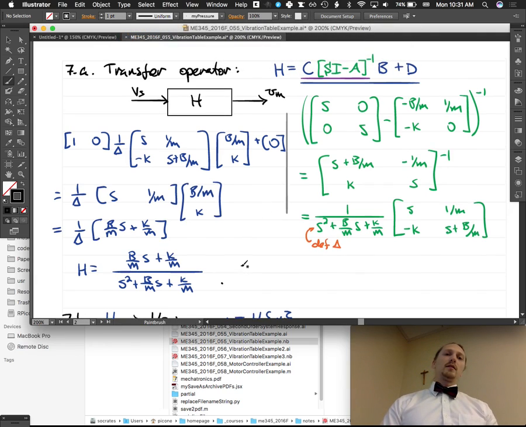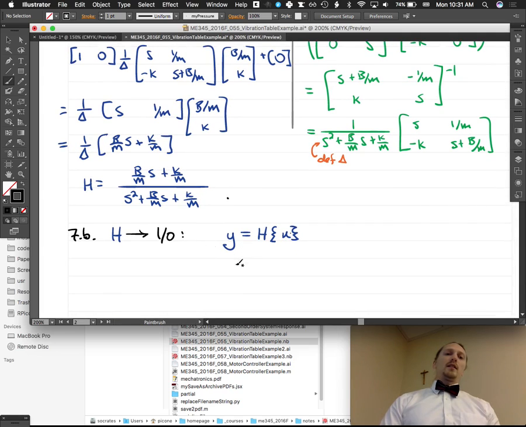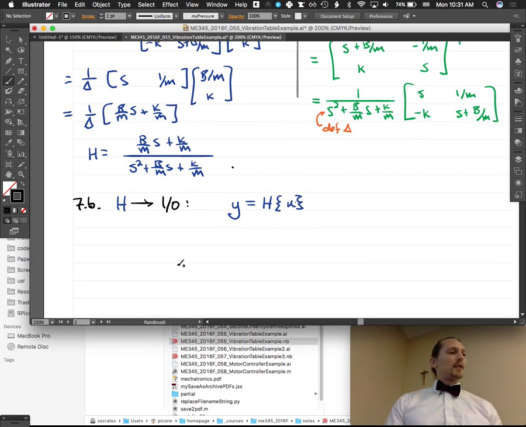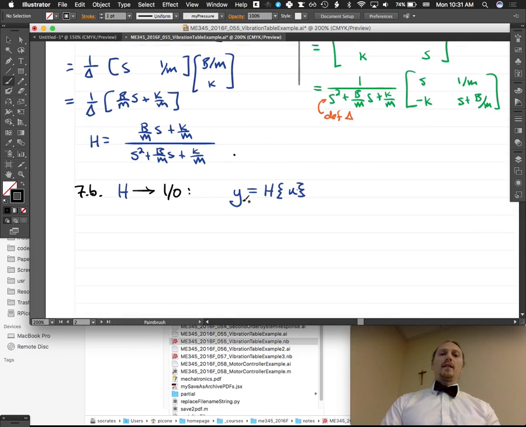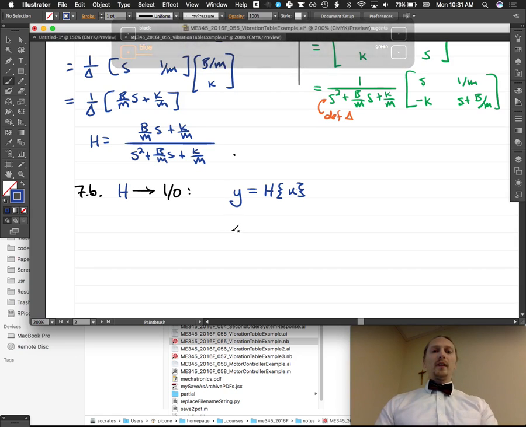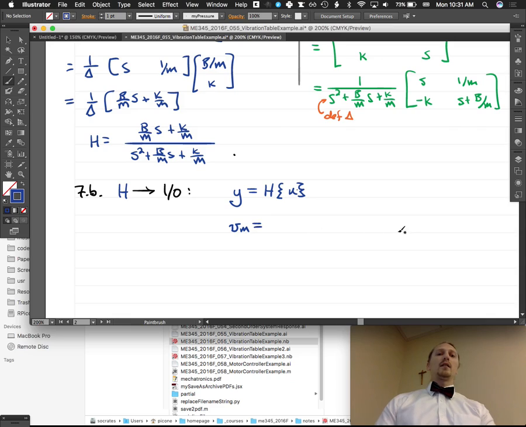Now, the next step is to go from the system transfer operator to the input-output differential equation. Recall that the output is always equal to the H operator operating on the input. Right? That's the definition of it. And our output, single output, is just VM, right?